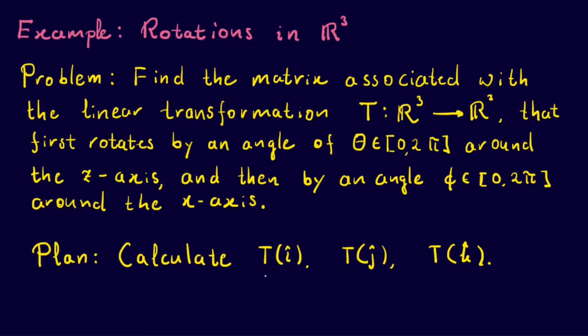But of course, it's a good exercise to pause the video right now and try to figure out if you could calculate T of i hat before even looking at the video. Okay, so let's get started on T of i hat.